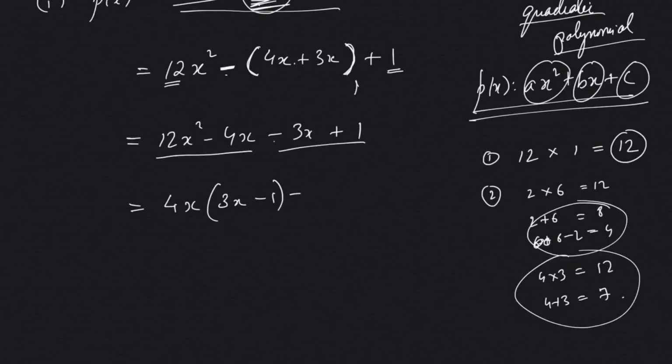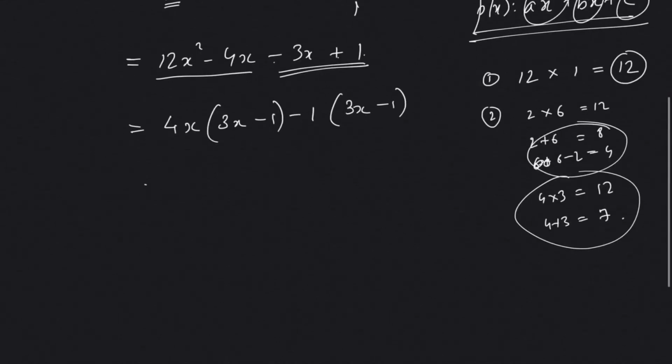Now in the next two terms, please write down the first sign that you get here, negative, and we don't have any common factor here except 1, so we will just use that. So minus 1 taken common, minus 3x will become plus 3x, plus 1 will become minus 1. If you are doing this process correctly, you will see that these two brackets will be equal. If they are not equal, then something may be wrong in the previous steps.